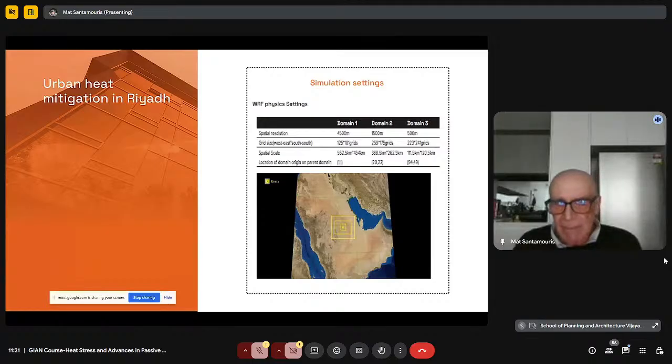So we have designed a mesoscale simulation scenario, which was not covering only the city of Riyadh, but the whole domain, almost half of Saudi Arabia.